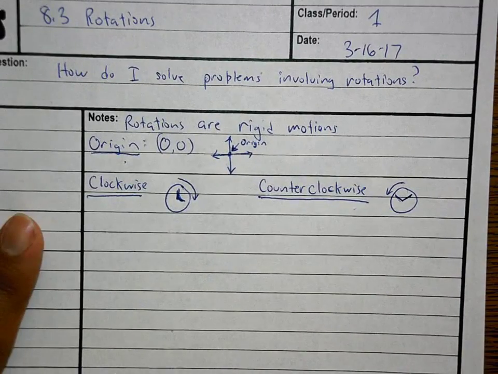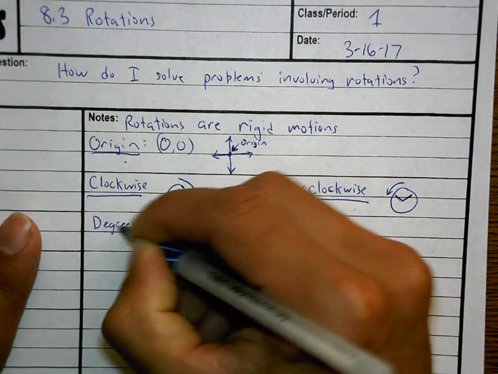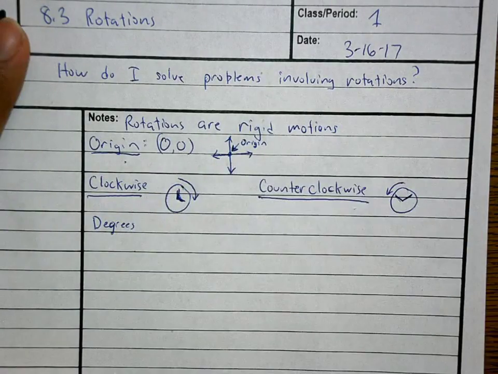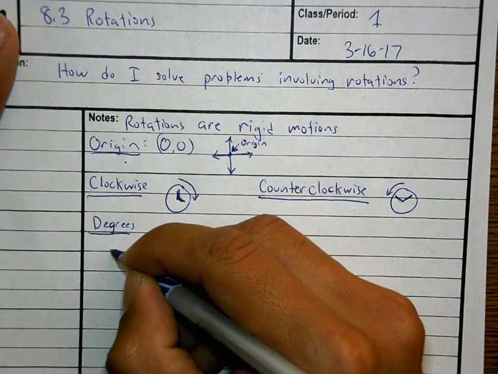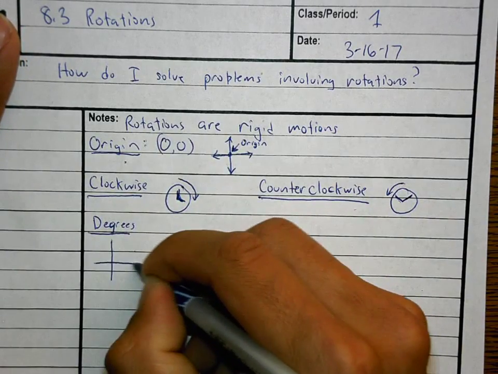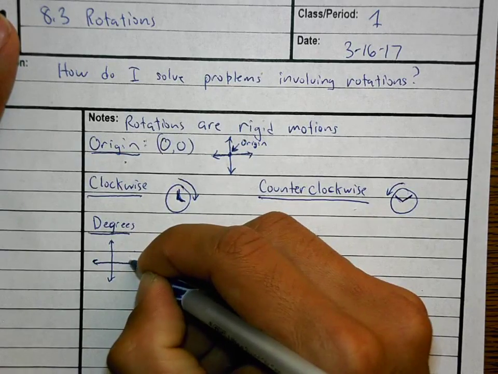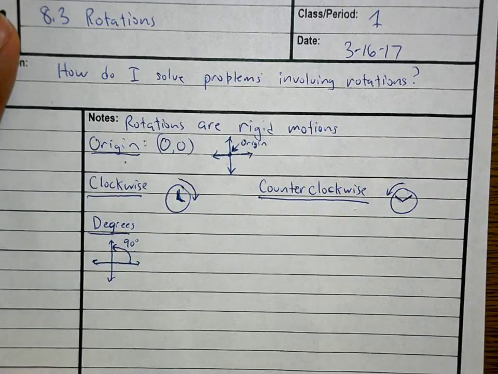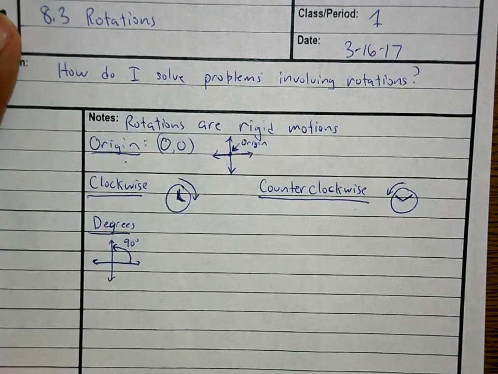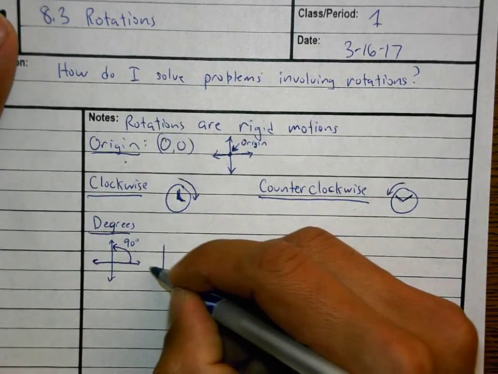Couple of other things that we need. We need to know degrees, how far or what it looks like for a certain amount of degrees. If I tell you to rotate 90 degrees, this is what 90 degrees looks like. From here to here is 90 degrees. That's 90 degrees counterclockwise. One quadrant.